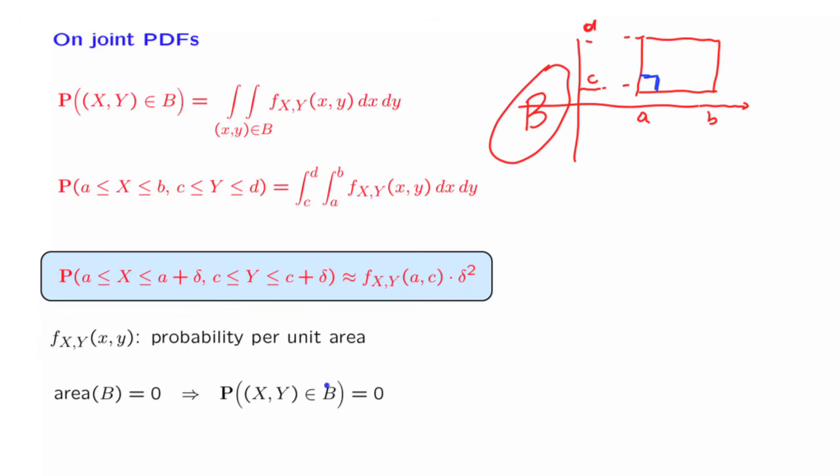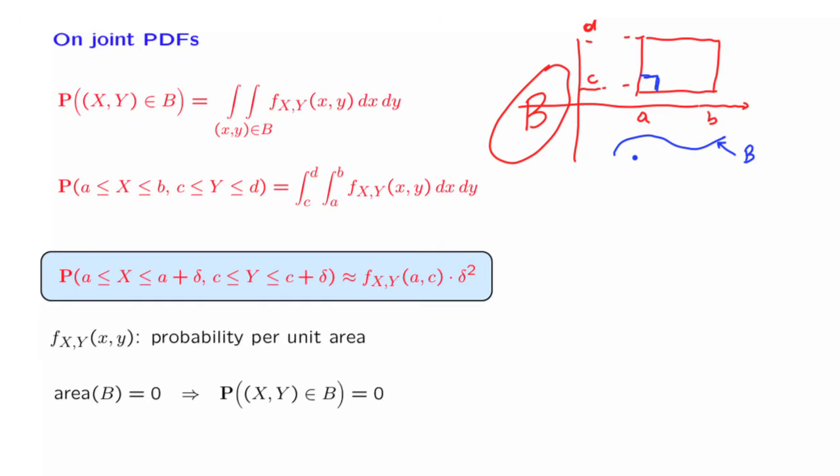If you take a set B that has zero area, for example, a certain curve, suppose that this curve is the entire set B, then the volume under the joint PDF that's sitting on top of that curve is going to be equal to 0. So, zero area sets have zero probability. And this is one of the characteristic features of jointly continuous random variables.